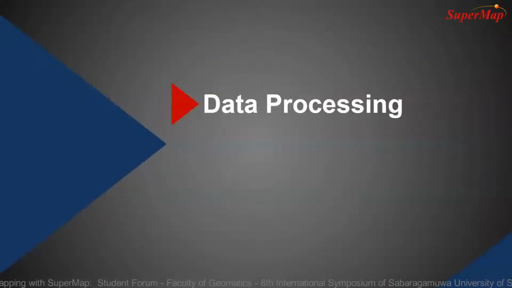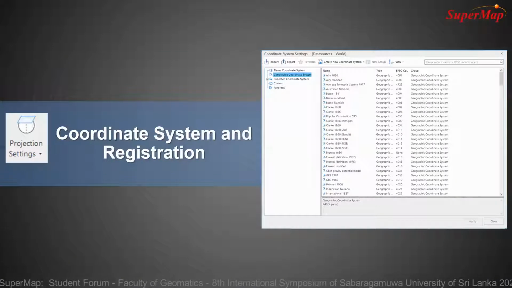Okay, and after importing the data, the first thing we need to consider is the coordinate system, because GIS is pretty different from others, such as CAD. For CAD, there is only one planar coordinate system. That means the coordinates in the CAD software have no real geographical meaning.